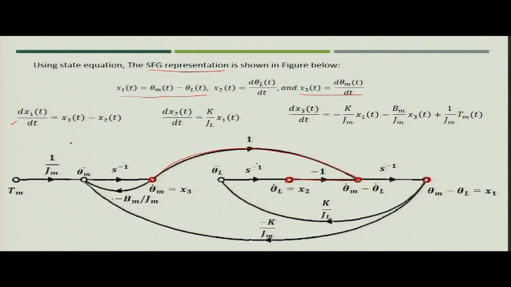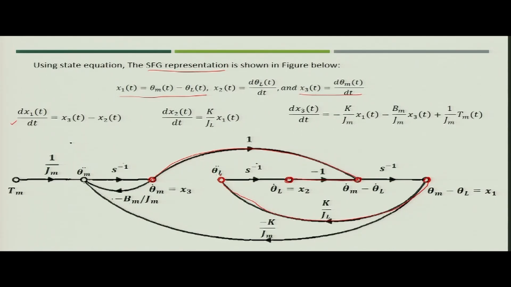Now, dx2 by dt is nothing but theta l double dot. So, dx2 by dt we place here, that is theta l double dot, and that is nothing but equal to k by jl x1. So, we will take the link from x1 with gain k by jl and connect it to the theta l double dot.